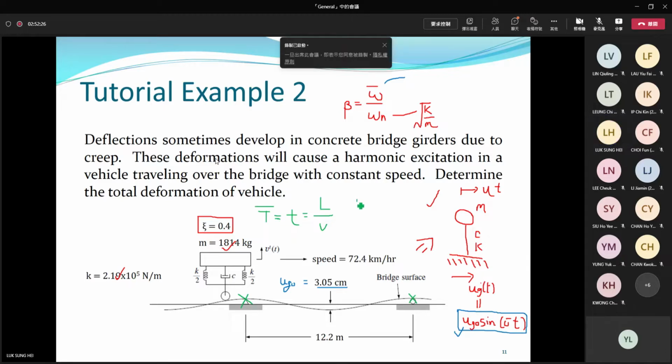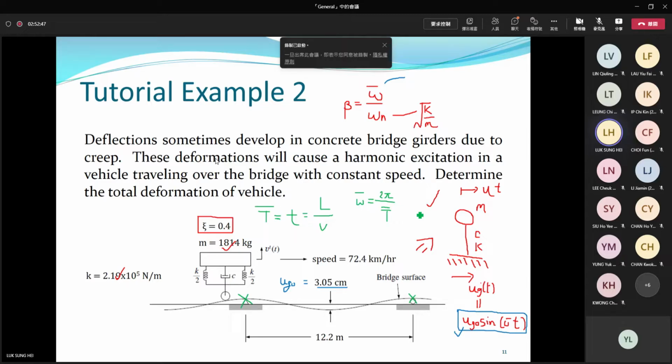Frequency, omega bar, is equal to 2 pi over period. So you can use the speed of the car and the distance between two supports to estimate the equivalent ground shaking frequency, omega bar.